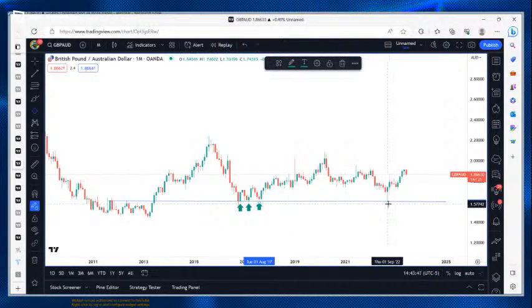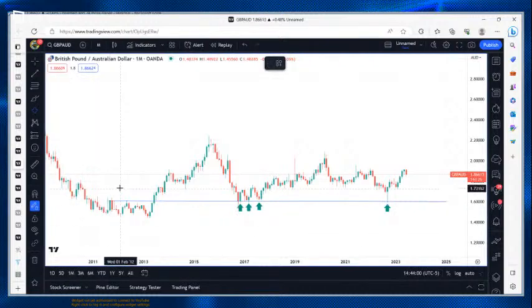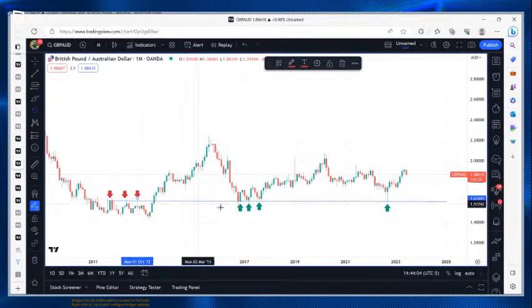Then the market came down, tested support there, came down to the support level, and then shot right back up. And in the past, this same angle was resistance. Resistance held the market down, held the market down.